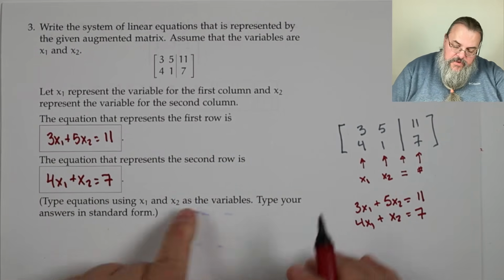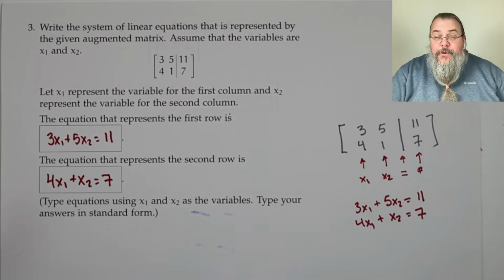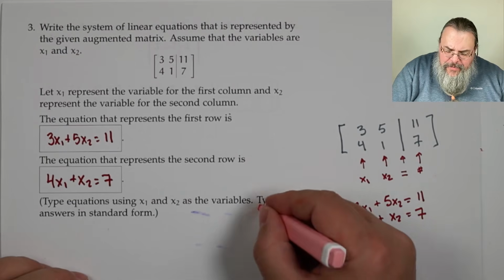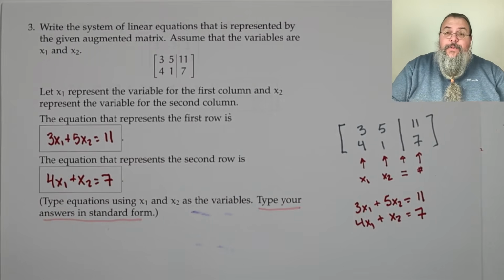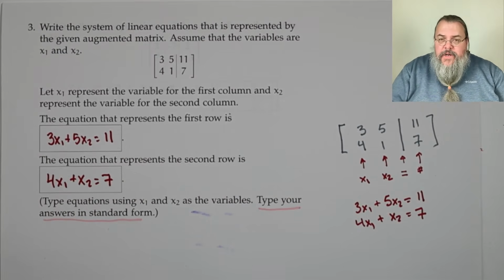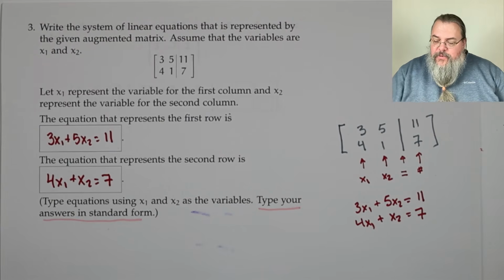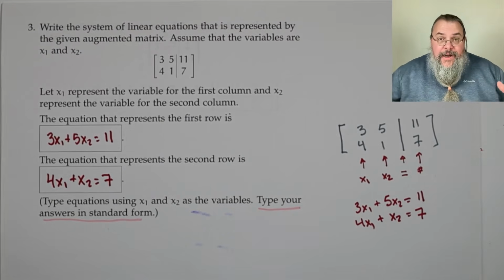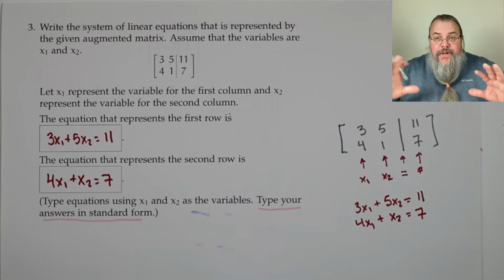Oh, smudging a little bit there. Sorry about that. Now, you might say, what did this part mean? Type your answers in standard form. Well, what's happening is that each one of these represents a line. And so there's a couple ways you can write a line. One is slope-intercept form, and that says, no, I don't want that.